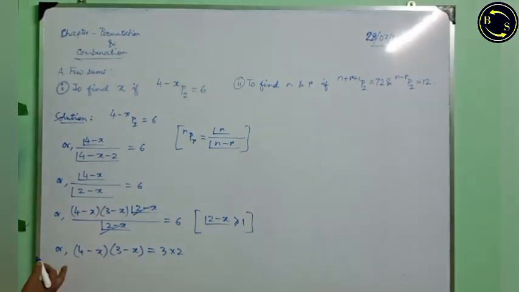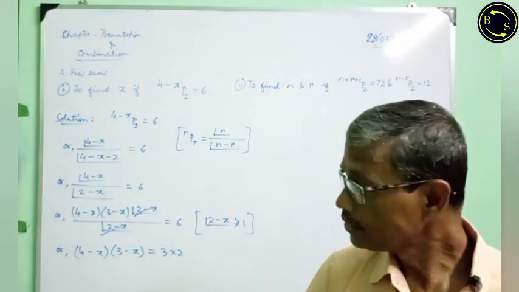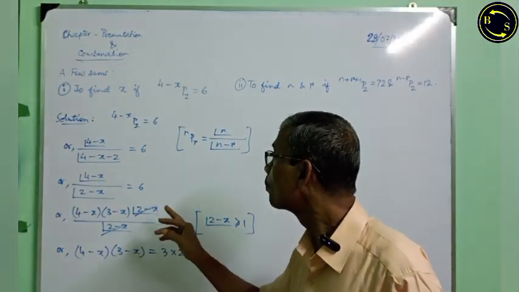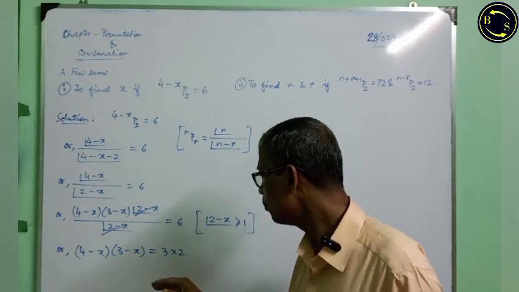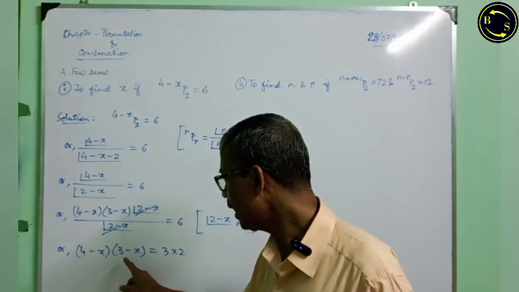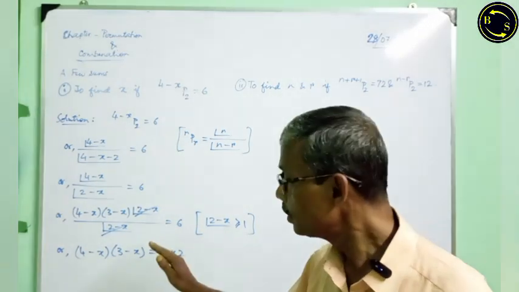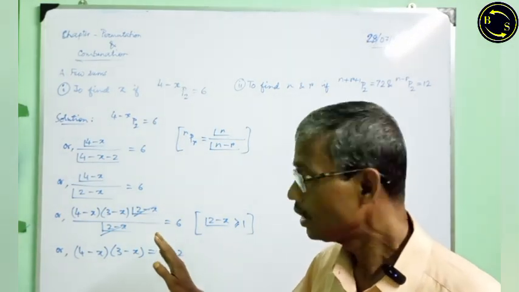Now already I have discussed how to solve such equations where factorial symbols are there. Therefore 4 minus x, 3 minus x are two successive natural numbers.